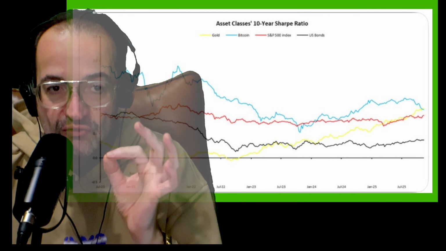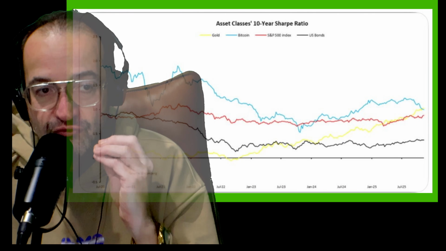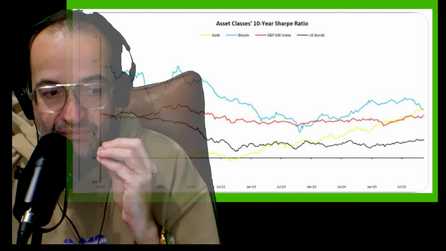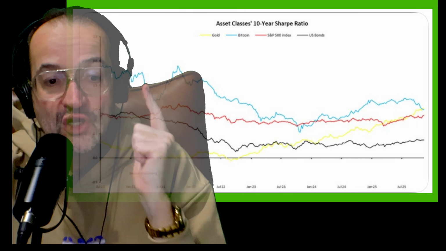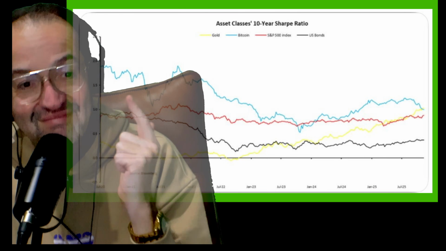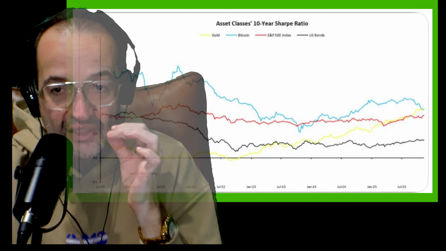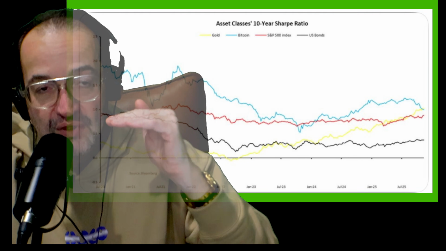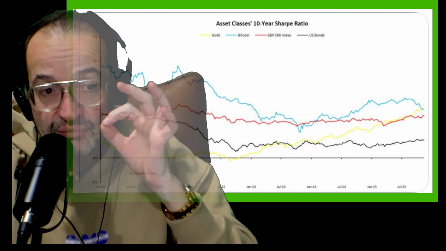And basically, over the rolling 10-year window across 4 major asset classes: Bitcoin, the S&P 500, gold, and the US bonds. What the Sharpe Ratio does is measure, are you getting paid for the risk?